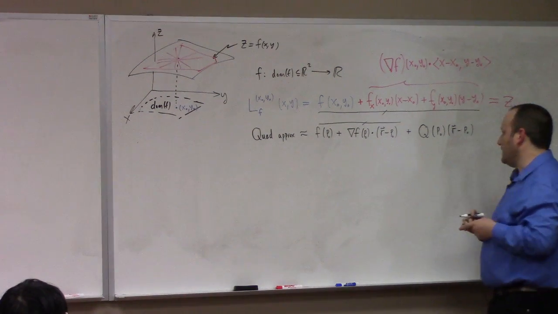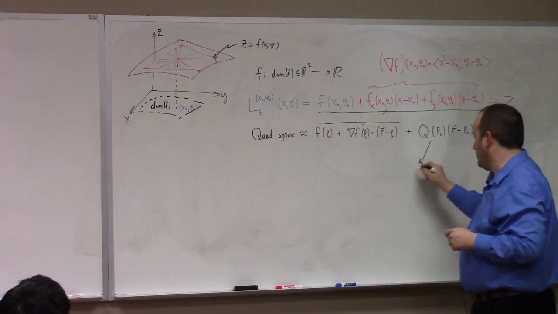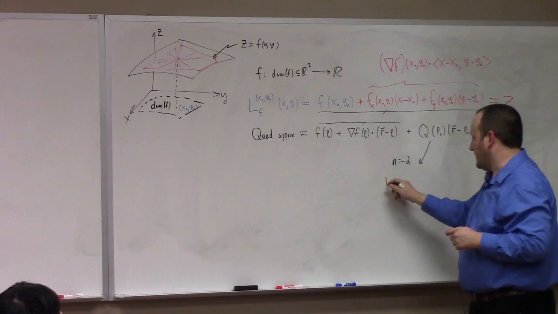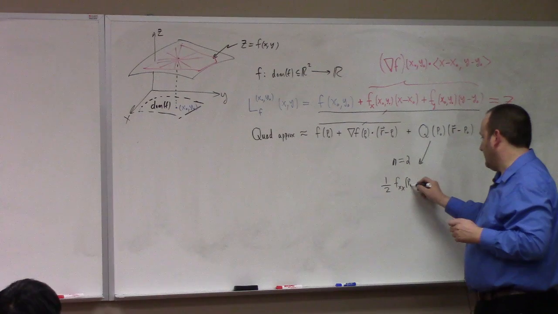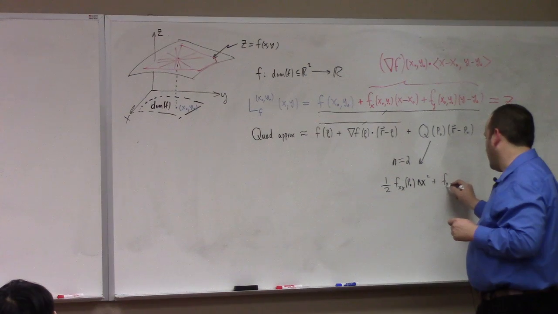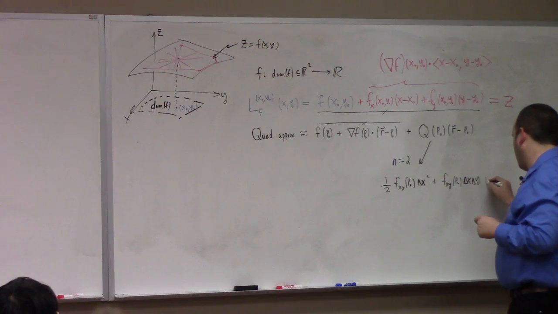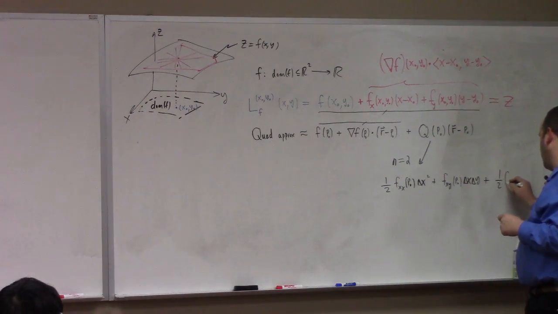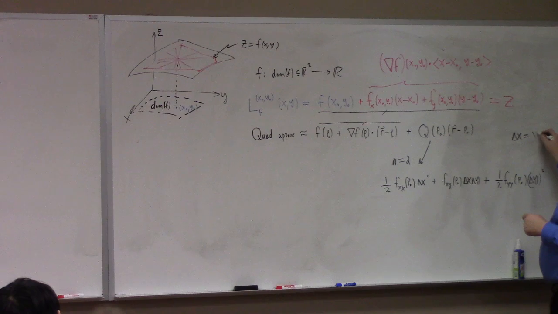Just to give you a specific case, in n equals 2, which is what I'm doing: 1/2 fxx at the point P naught times delta x squared, plus fxy at the point P naught times delta x delta y, plus 1/2 fyy at the point P naught times delta y squared, where delta x is equal to x minus x naught and delta y is y minus y naught.